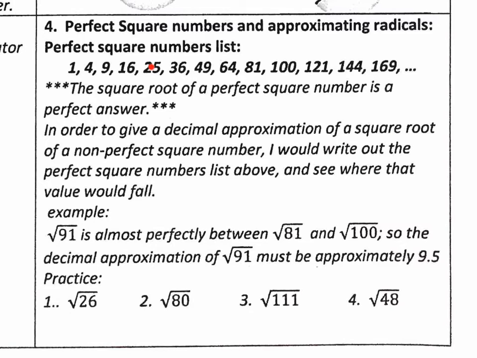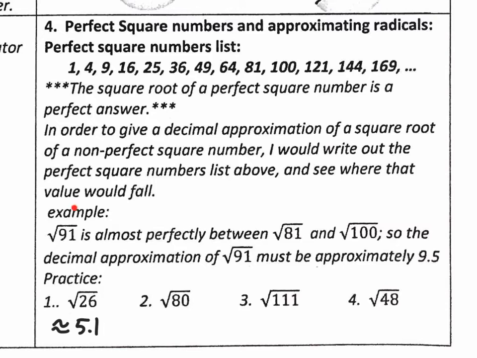But I could actually approximate the square root of 26 because I know the square root of 25 is 5. So the square root of 26 has to be just a little tiny bit more than 5. So what's a little bit more than 5 as a decimal? 5.1. And you put this approximation symbol right there on number 1. Okay?